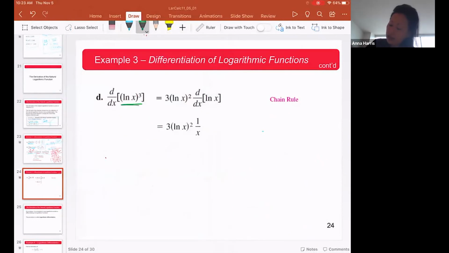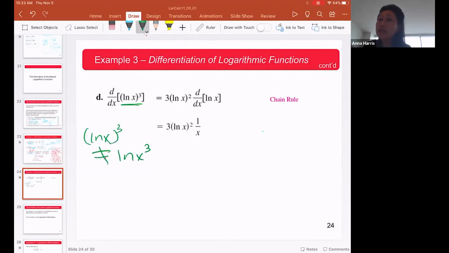Natural log of x to the third is not the same as natural log of x to the third. I made a mistake because I was looking at it as x to the third, not natural log of x to the third power. So they're not the same. So make a note.